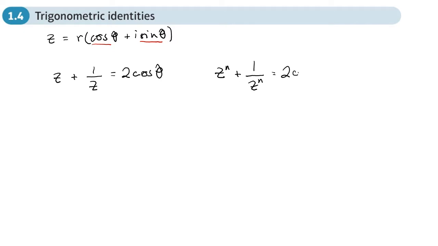you'll get 2 cos n theta. Now remember, de Moivre's theorem says that for the power, you multiply the argument by that power.